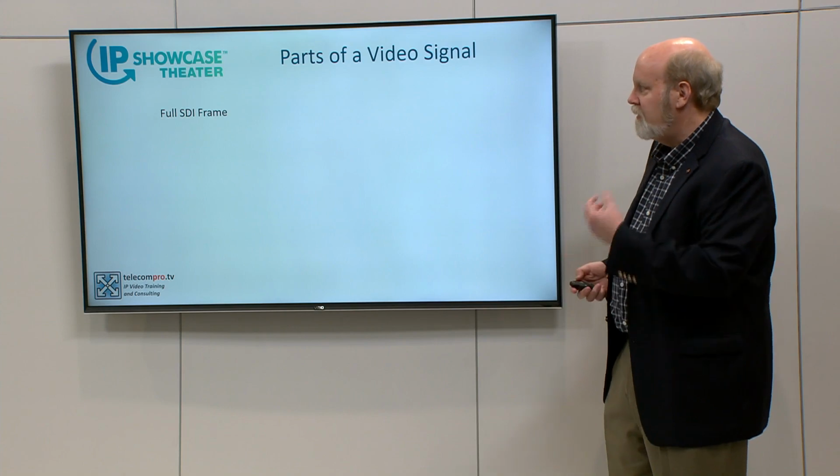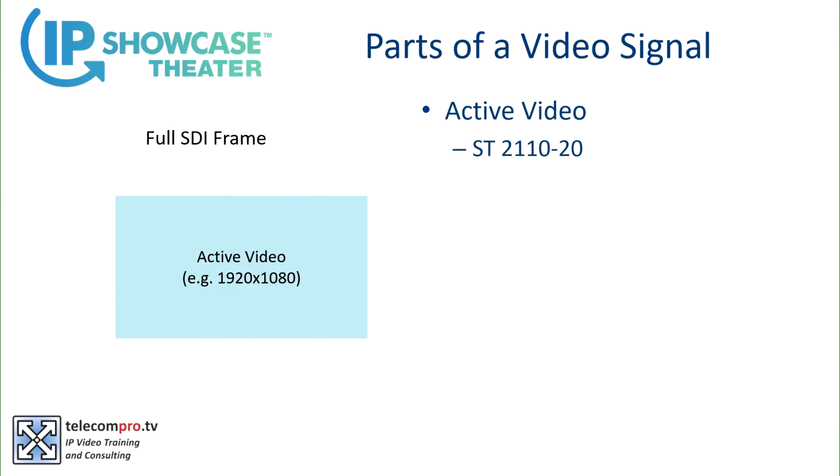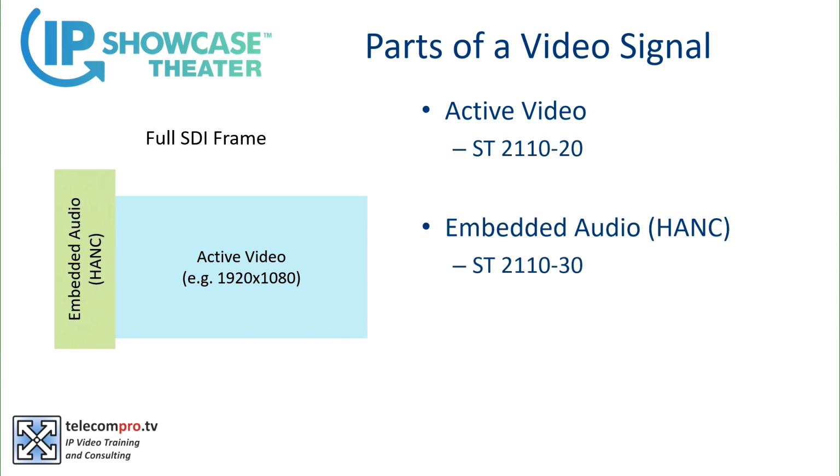So let's look at the parts of a video signal. A full SDI frame is normally going to have some active video, and we're going to process that with ST2110-20. It's going to typically have, many times, embedded audio. That is normally carried as a series of bits, maybe 16 channels of audio, embedded in the horizontal ancillary space.